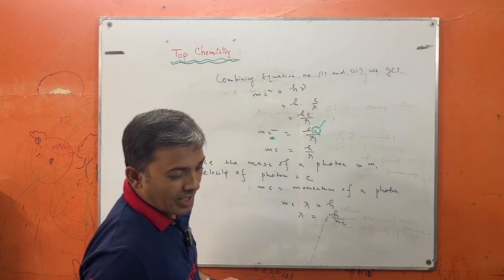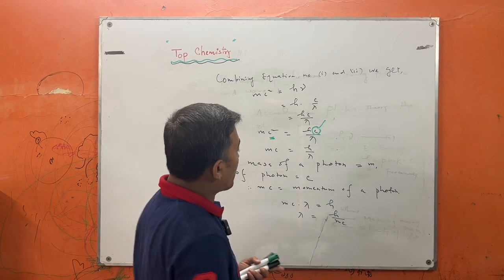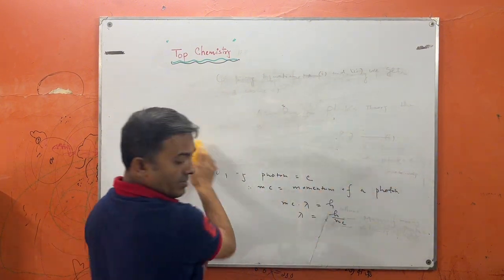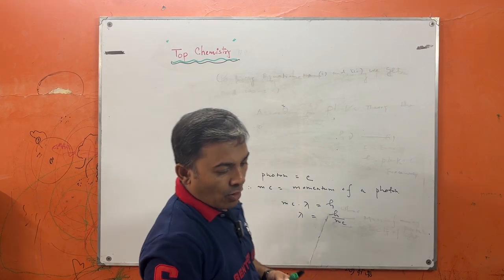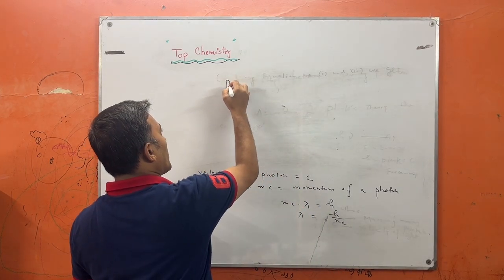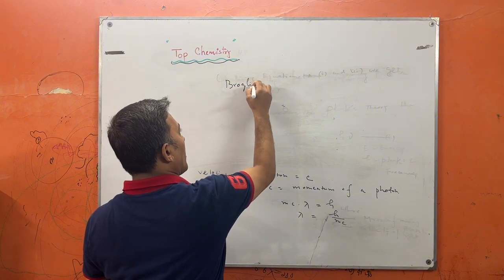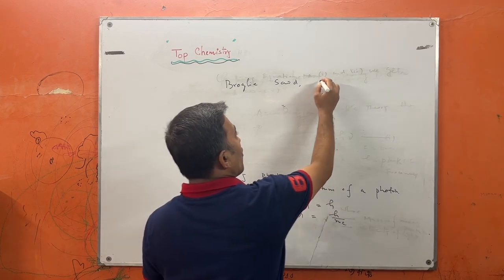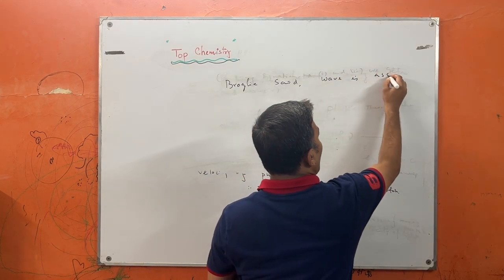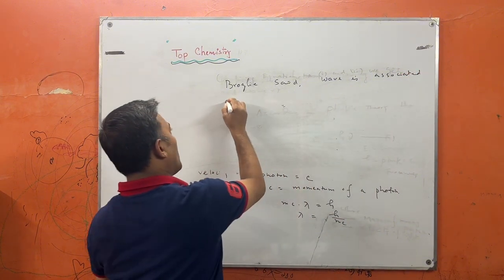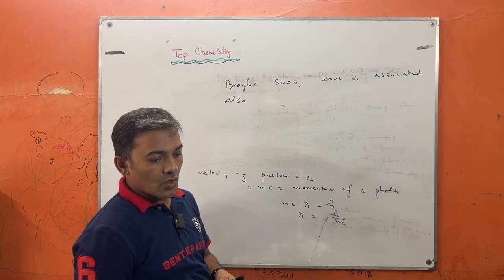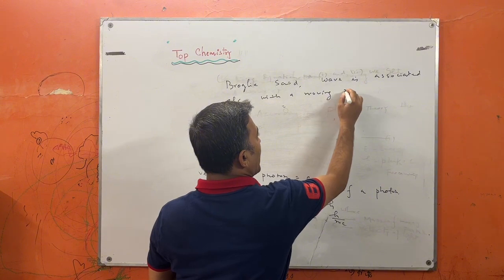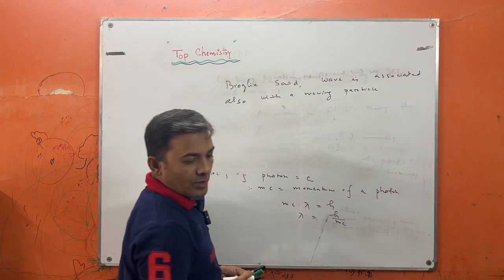According to de Broglie, the scientist de Broglie said, a wave is associated also with a moving particle.